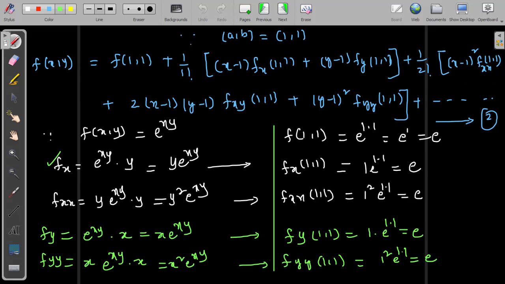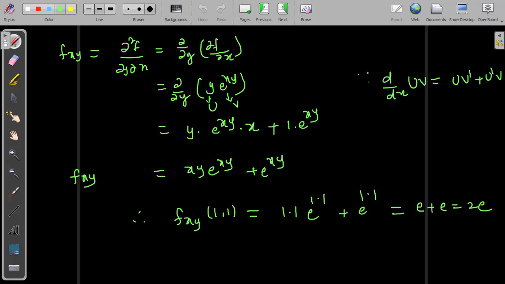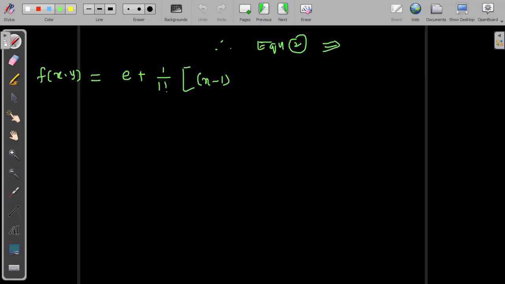All the results are: f is e, fx is e, fxx is also e, fy is also e, fyy is e. Only the mixed partial derivative is 2e. So I will substitute in the corresponding places.